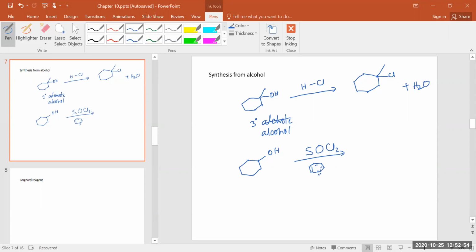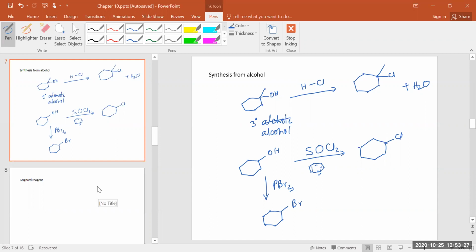So pyridine base and thionyl chloride, SOCl2, will make the Cl. If you want to make the bromide, the reagent, remember, is PBr3. Under similar conditions PBr3 will convert this to Br. So these two reactions you should remember.